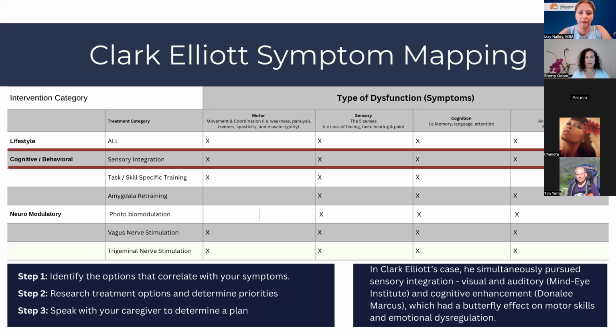He found two different neuroplasticity therapies. One was addressing the sensory integration issue: his visual processing and his auditory processing were no longer aligned, which caused all of his spatial issues, the nausea, the dizziness, and then all of that caused so much anxiety.